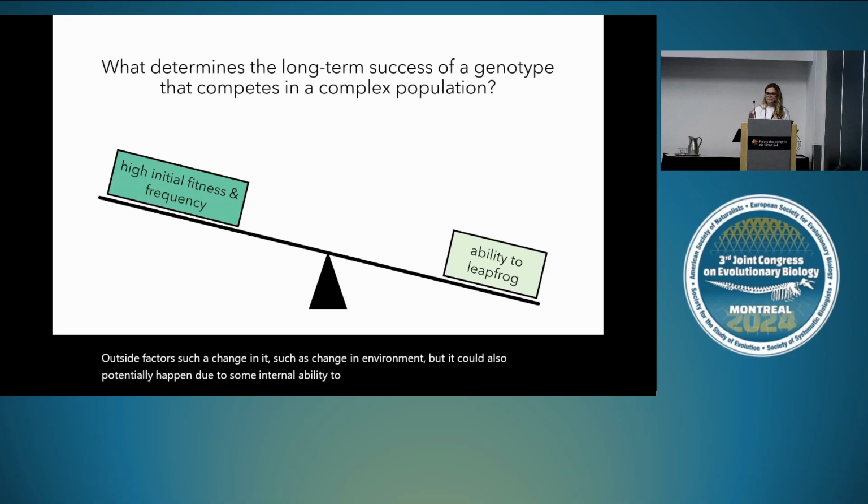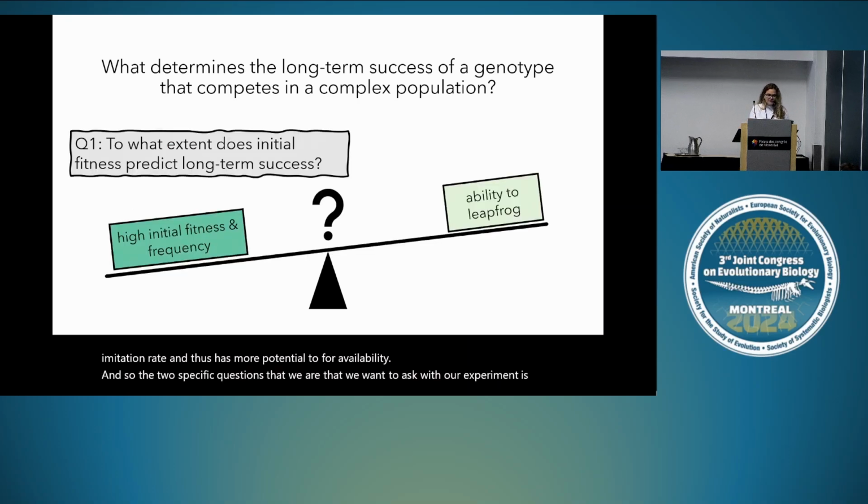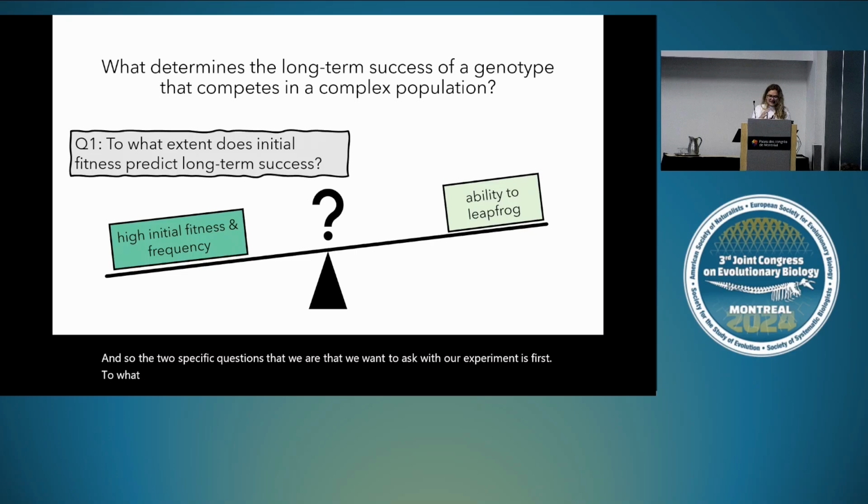For example, due to its ability to interact with other organisms and, like, poison everyone and take over. Or maybe it has a high mutation rate and thus has more potential for evolvability. And so the two specific questions that we want to ask with our experiment are, first, to what extent, exactly, does initial fitness predict long-term evolutionary success?